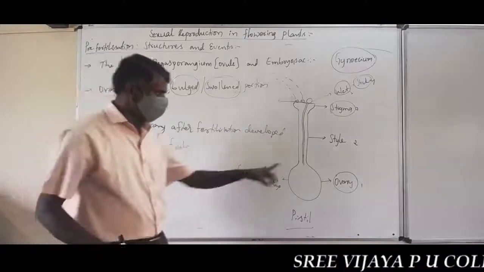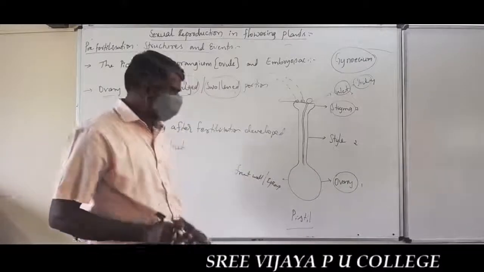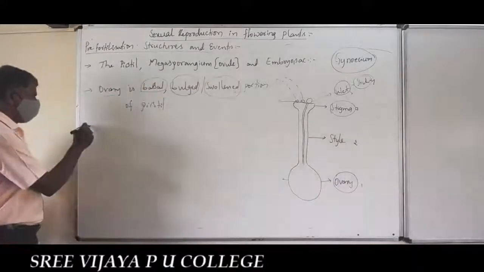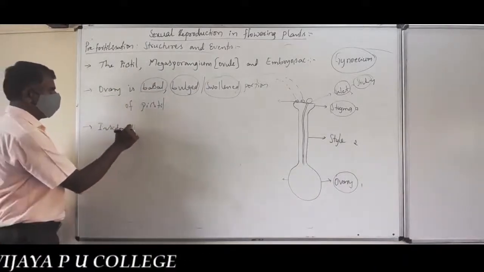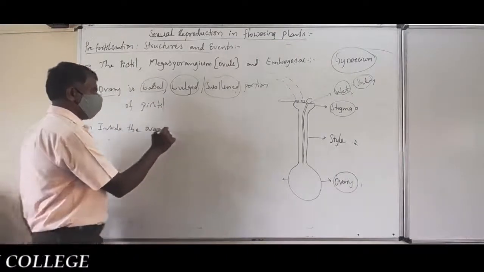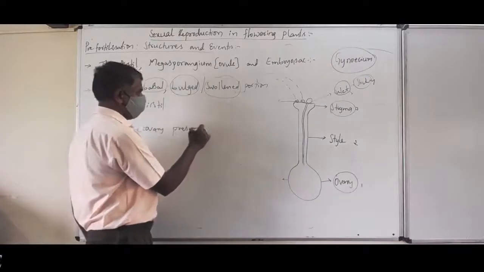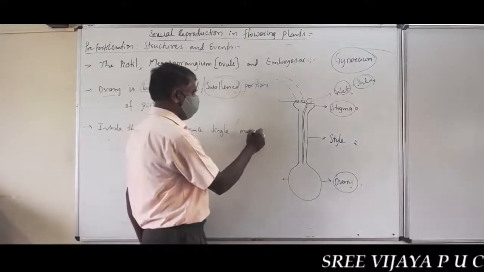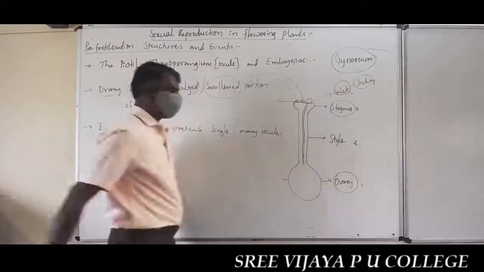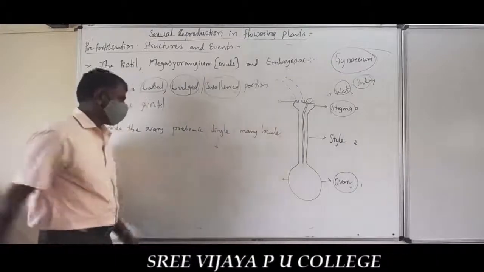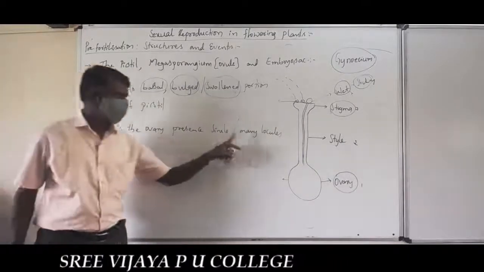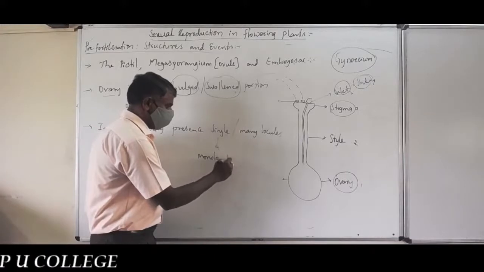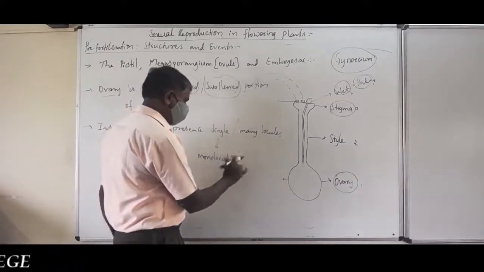Inside the ovary, there is presence of either a single or many locules. If the ovary consists of a single locule, it is called a monolocular ovary.